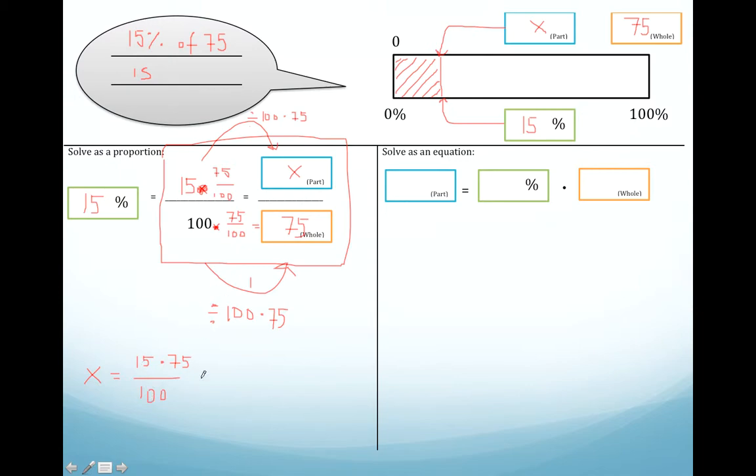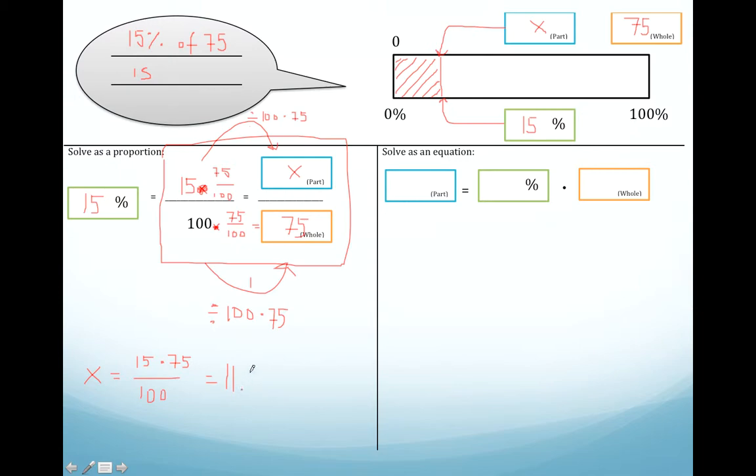This looks very similar to missing factor. 15 times 75 divided by 100 equals x. Now we'll use a calculator and find that 15 times 75 divided by 100 equals 11.25.